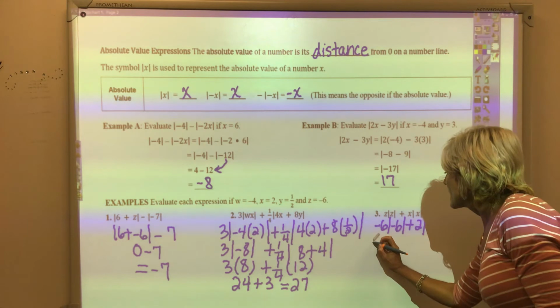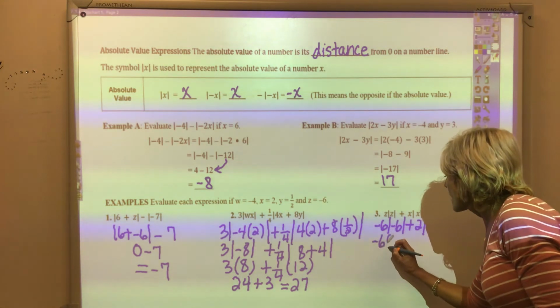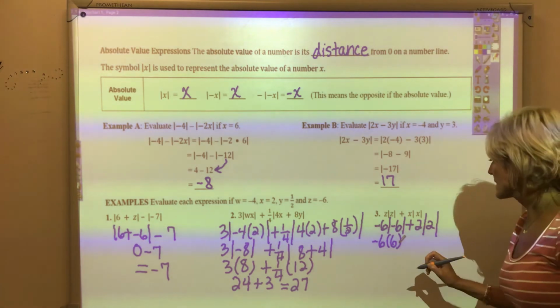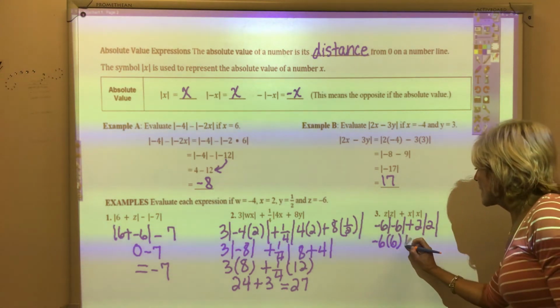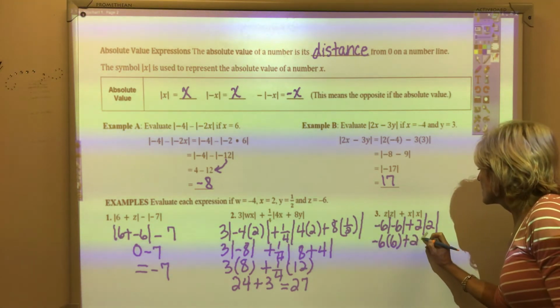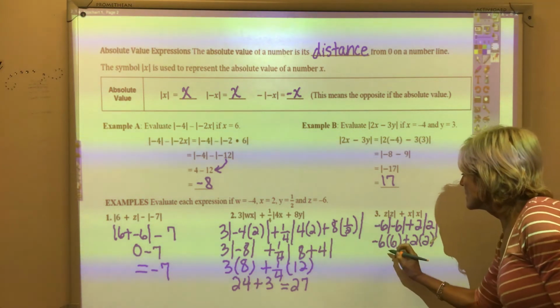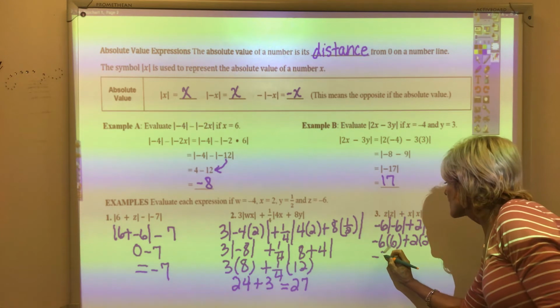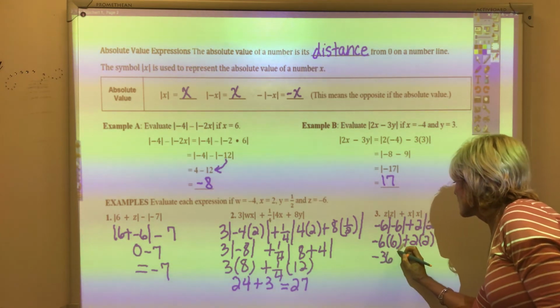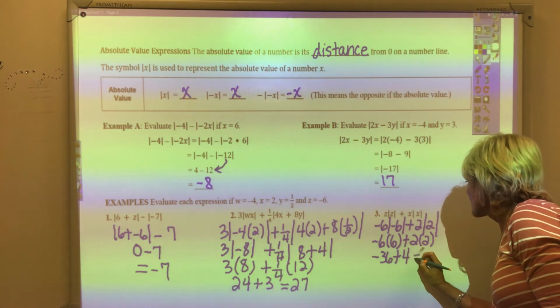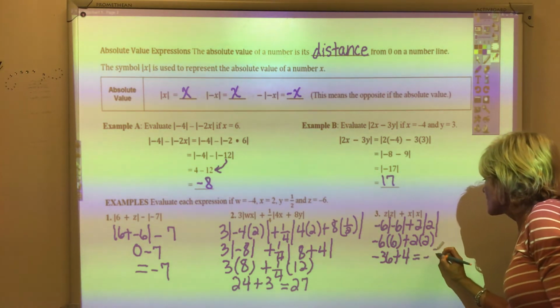So this will be negative 6 times 6, because the absolute value of negative 6 is 6, plus 2 times 2, since the absolute value of 2 is 2. We'll have negative 36 plus 4, which will give us negative 32.